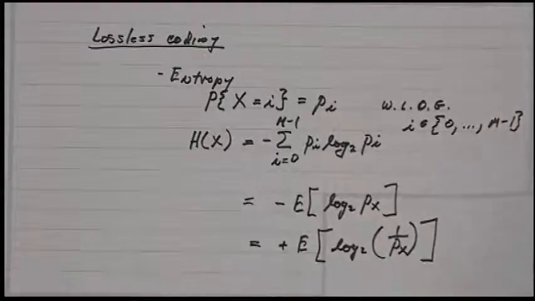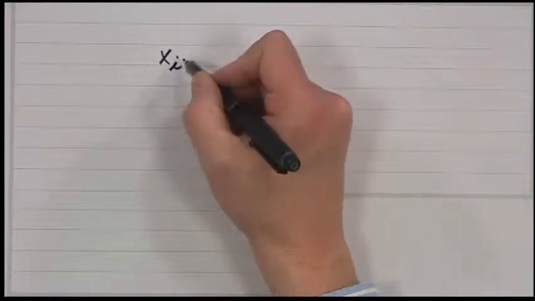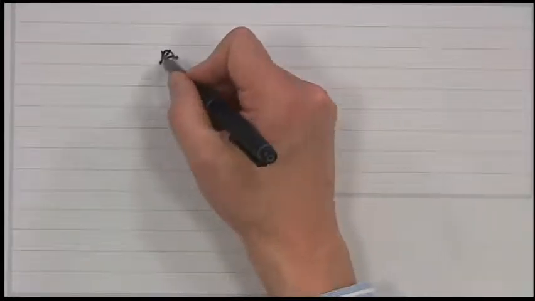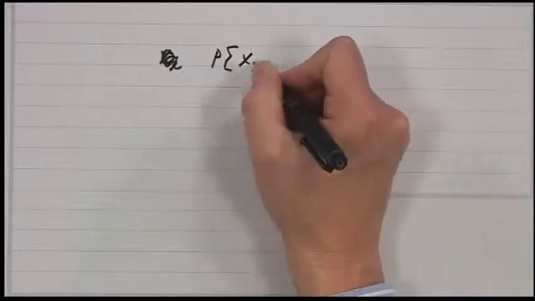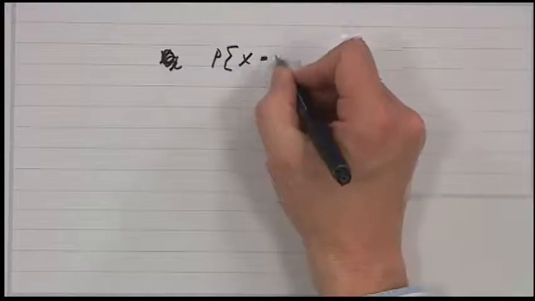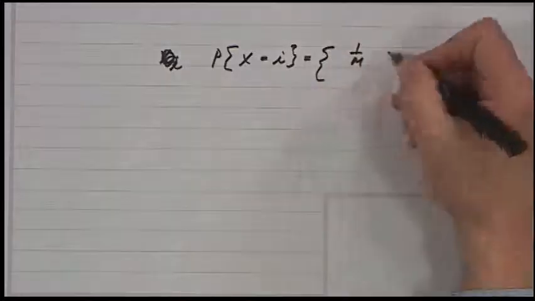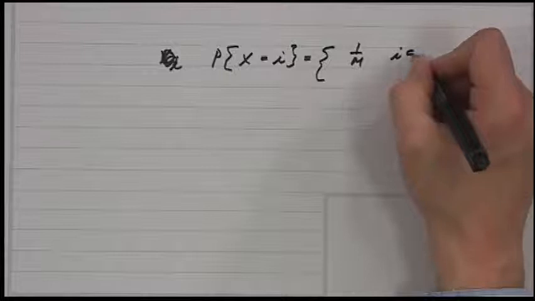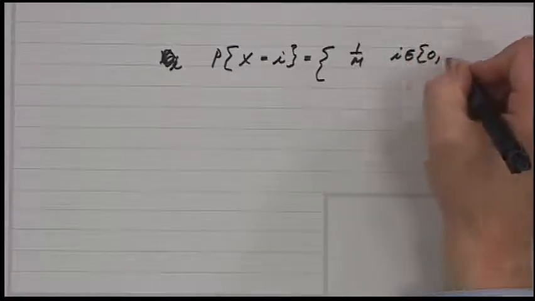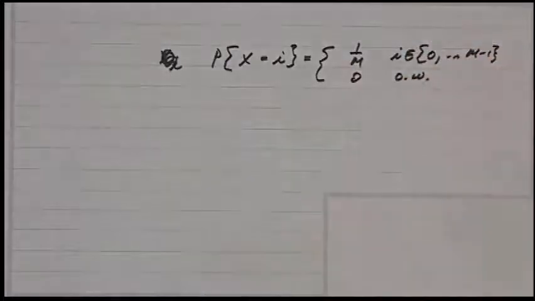So an example would be if I had the probability that x equals i is equal to 1 over m for i in 0 through m minus 1, and 0 otherwise.